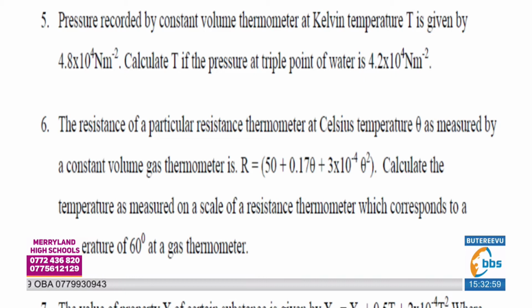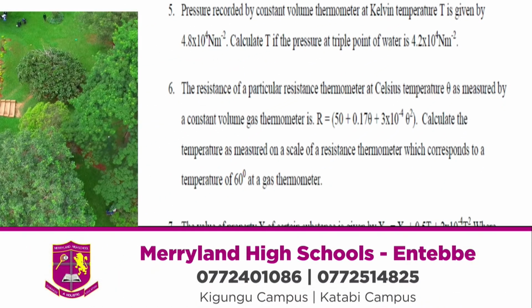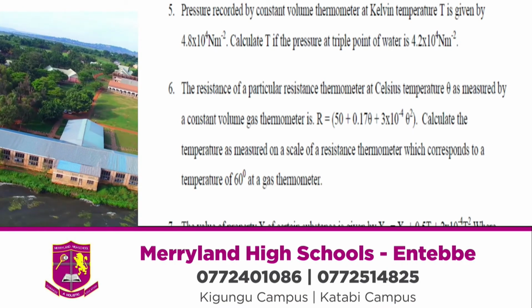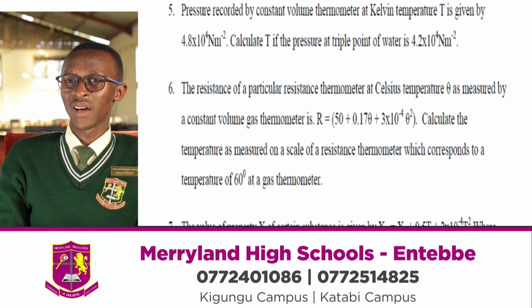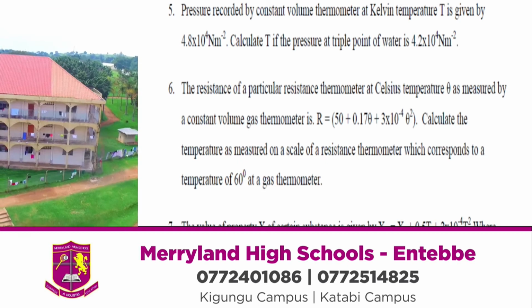And in question 6, I have that the resistance of a particular resistance thermometer at the Celsius temperature theta, as measured by a constant volume gas thermometer, is that R is equal to 50 plus 0.17 theta plus 3 exponent minus 4 theta squared. I hope that people can see that exponent.